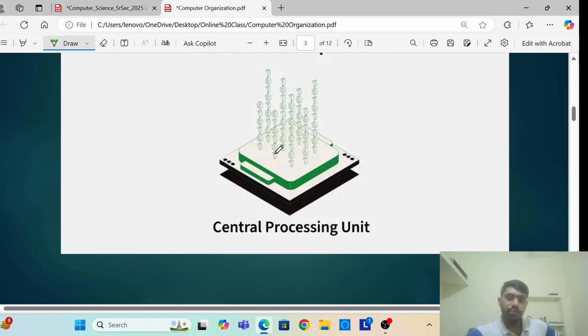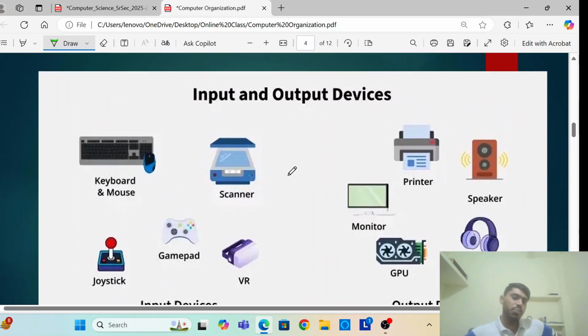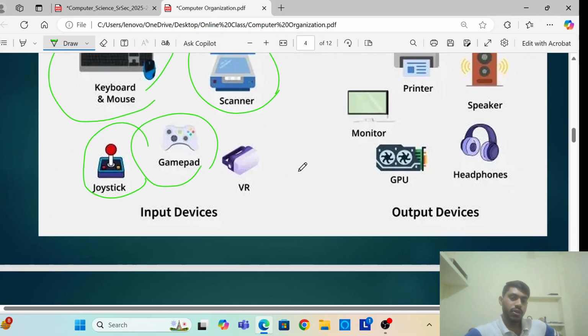One by one. The brain of the computer is called the CPU. You can see how the instructions are passed to different parts of the computer. Then input and output devices: keyboard and mouse are input devices, scanner is an input device, gamepad, joystick.